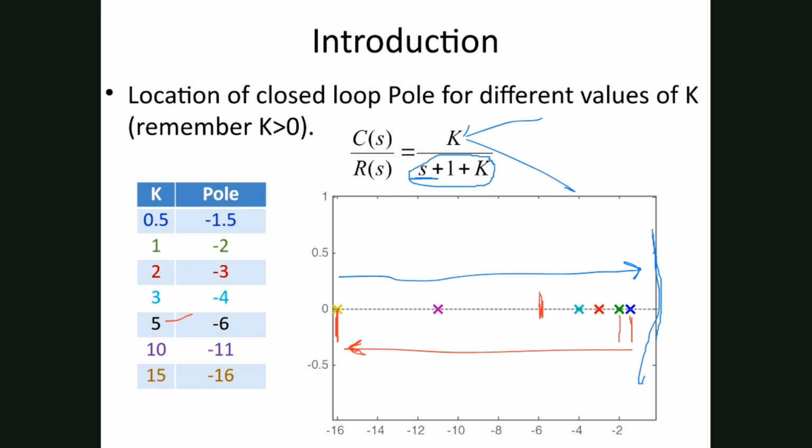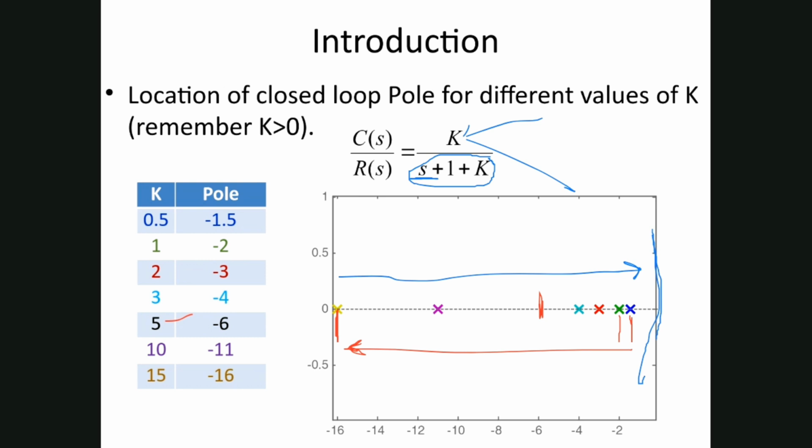So the pole will always be less than minus 1, because any k greater than 0 will give a pole location beyond minus 1. So this system is stable for all values of k. This system does not become unstable for any value of k.